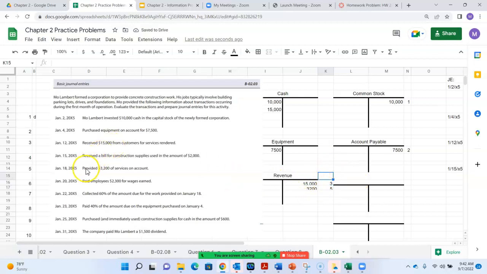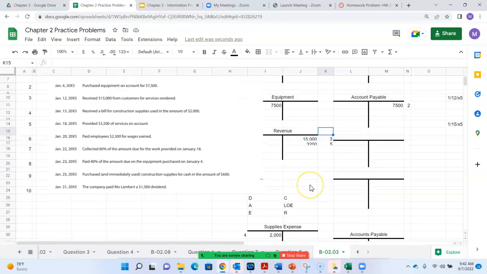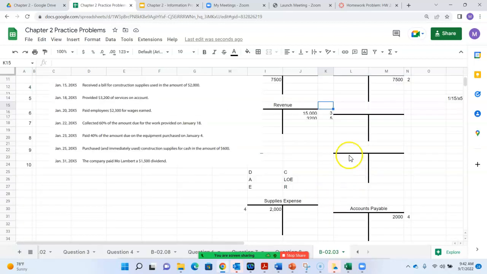And they provided these services on account, right? That means that they are going to actually receive cash for this in the future. So this impacts our accounts receivable. I'll put accounts receivable down here. And to increase an asset, we debit the account. This relates to transaction number 5.